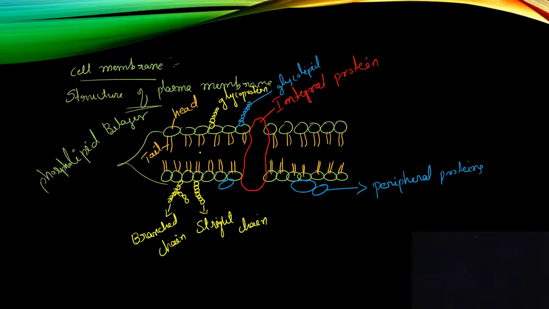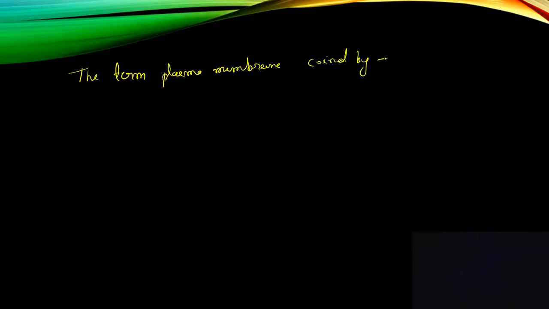Okay. Now let me explain this diagram. This is a diagram of the plasma membrane. Before going to that, the term plasma membrane was coined by the scientists Nageli and Kramer in 1855.